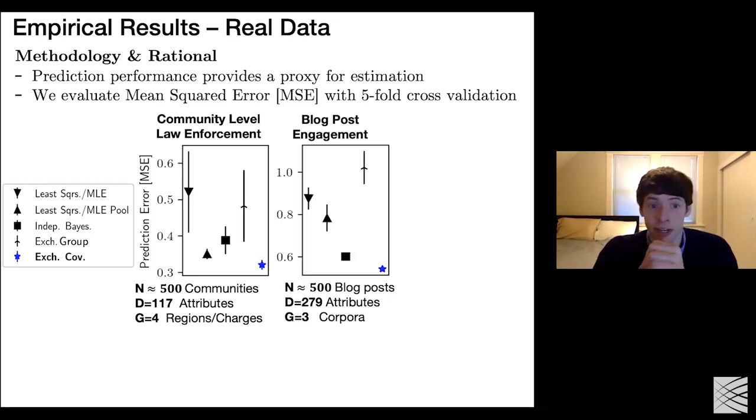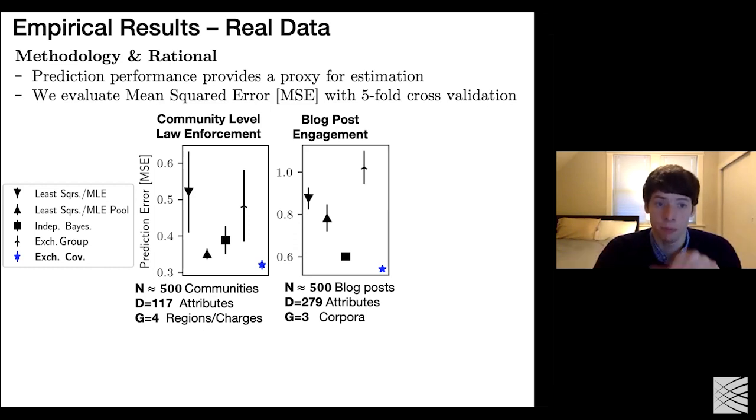And we see a similar effect on the second application, where we are relating different attributes of blog posts to reader engagement with those blog posts, as measured with a proxy, the number of comments on the posts.